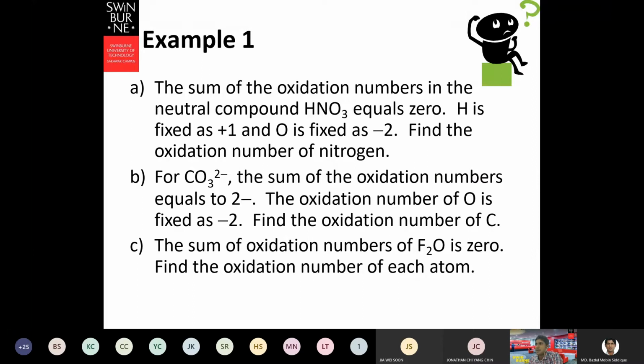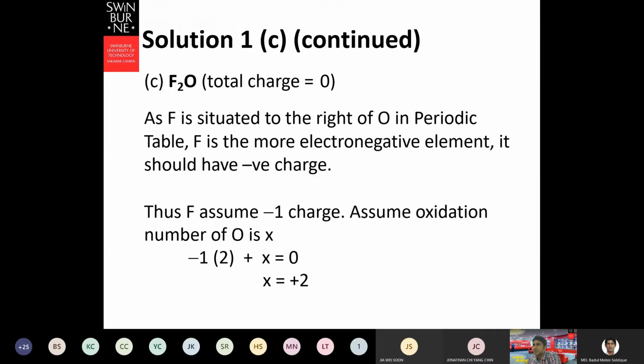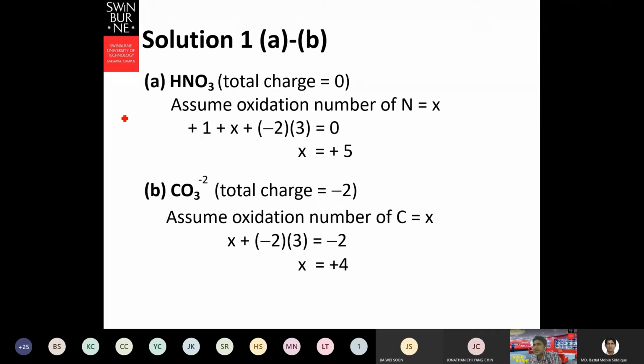So this is what I was talking about, and there are some examples given here that I hope you have tried or at least seen. This is the same thing we tried to work out.